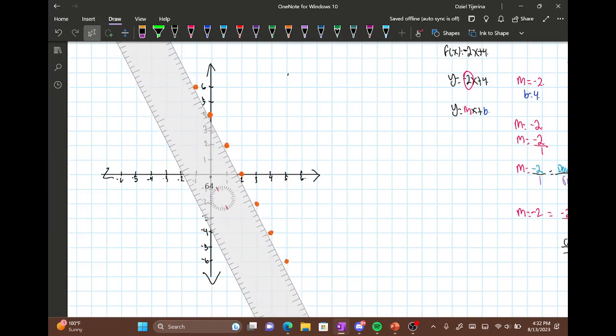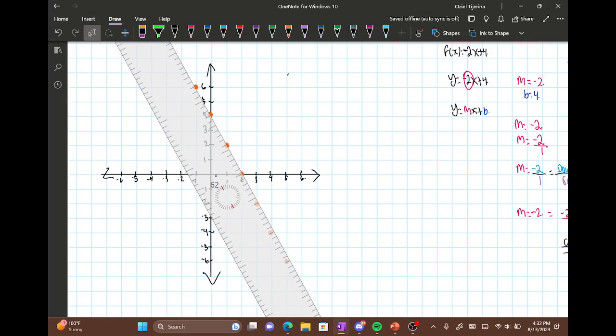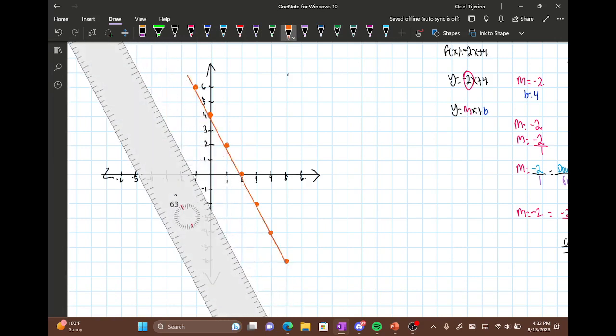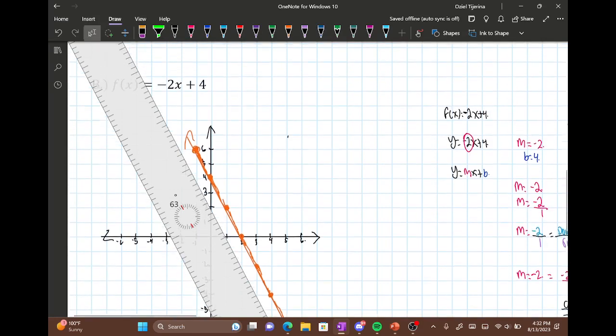It doesn't have to be perfect, but do it as accurately as you can. This is how we would graph a linear function in slope-intercept form.